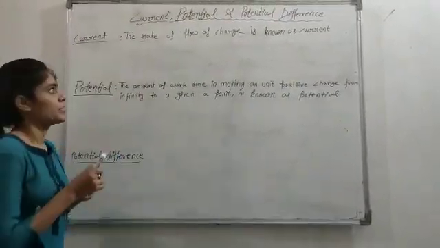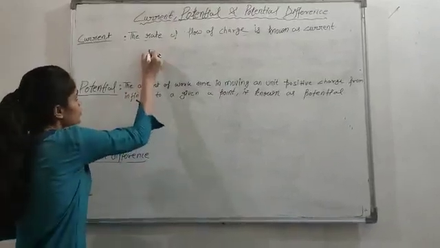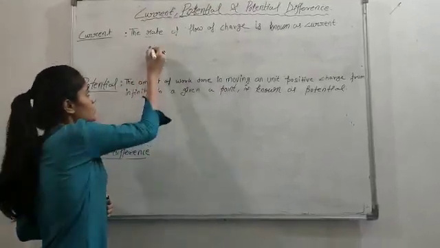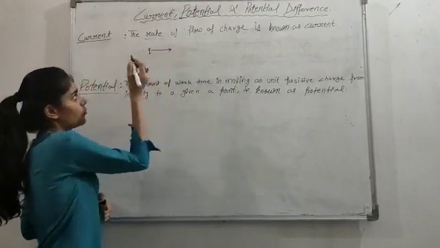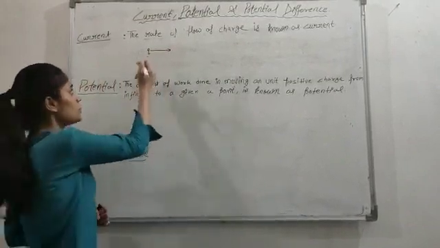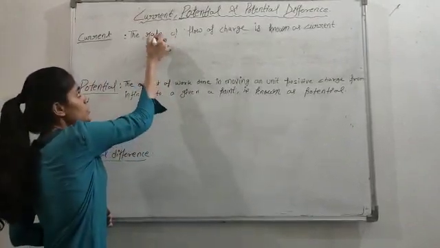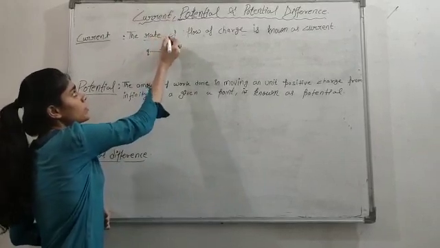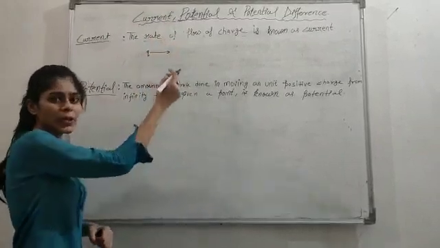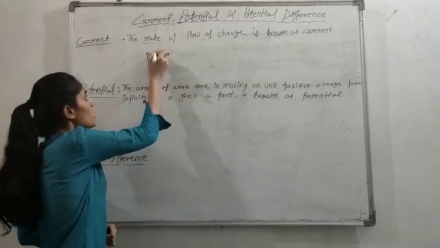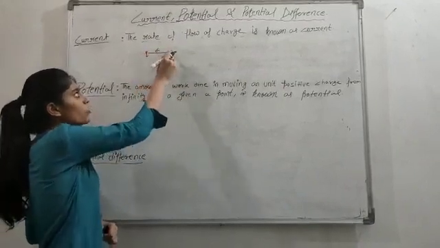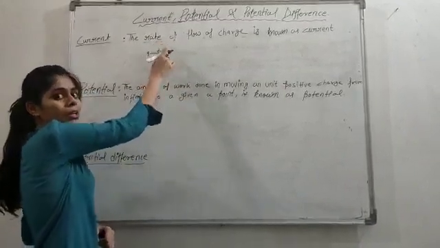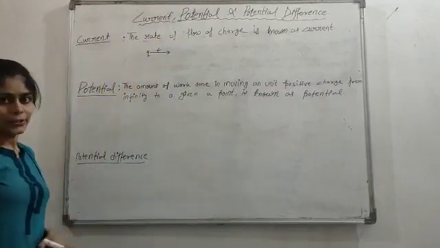Let's try to understand. If this is the charge, then the flow of charge means motion of charge with respect to time. Rate stands for with respect to time. So when charge is moving with respect to time, it is known as current.